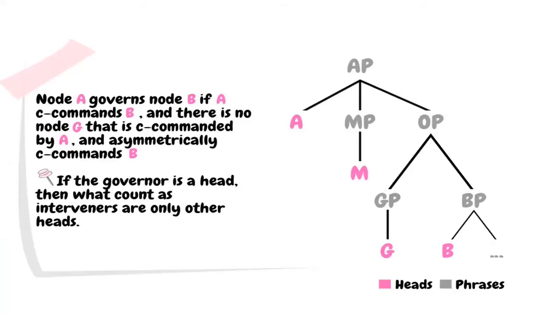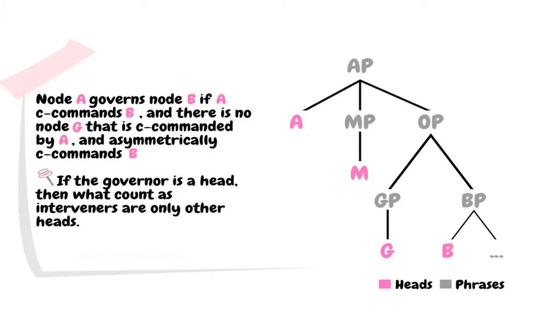Now the question is, does A govern B? Let's break the tree down. First of all, A, which is the governor, is the head. According to what I said in the latest slide, what count as interveners are only heads, so we can figure out that the phrasal ones do not count. We notice that we have here 4 phrases, which are MP, OP, GP, and PP.